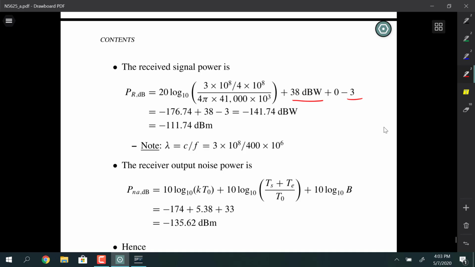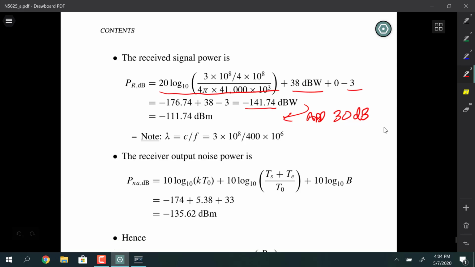Then we have the path loss term, which is over here. Putting that together, that brings us down to a dBW value of minus 141, but then if we add 30, that takes us from dBW to dBm, so it's minus 111.74 dBm.